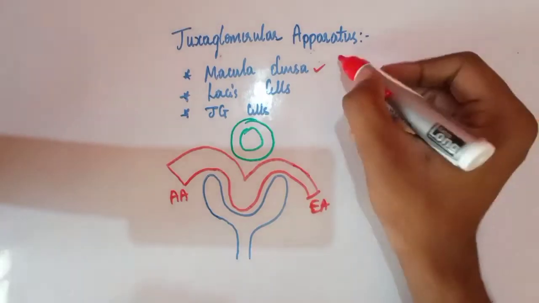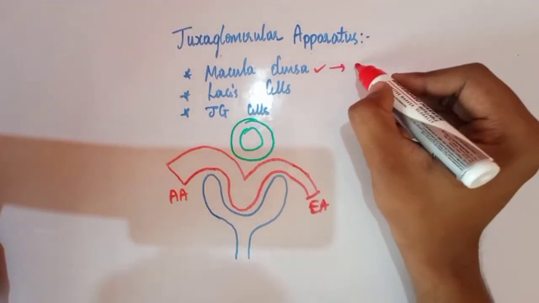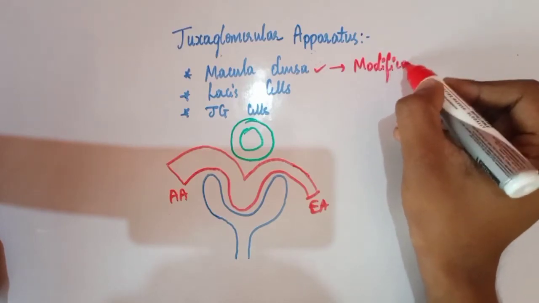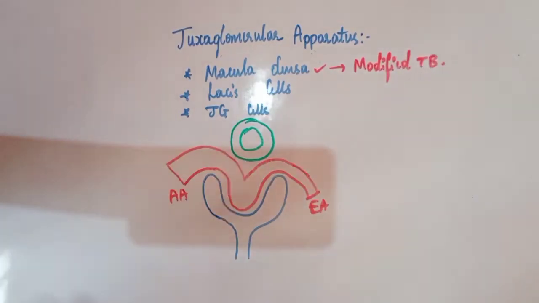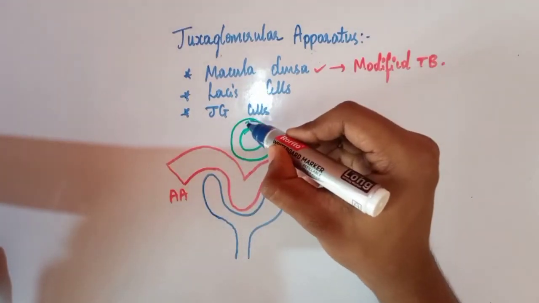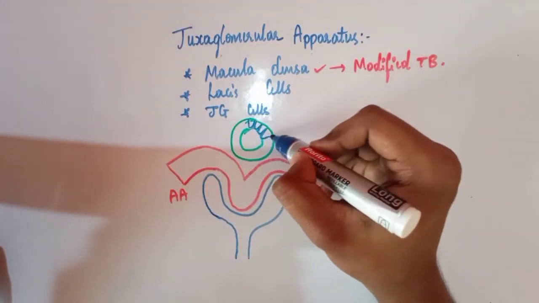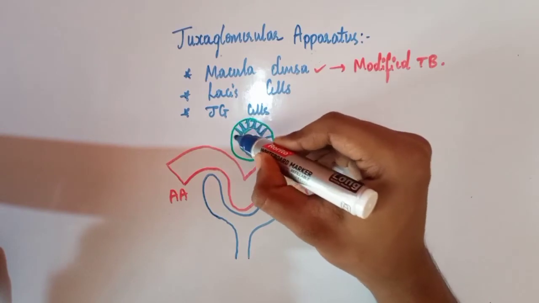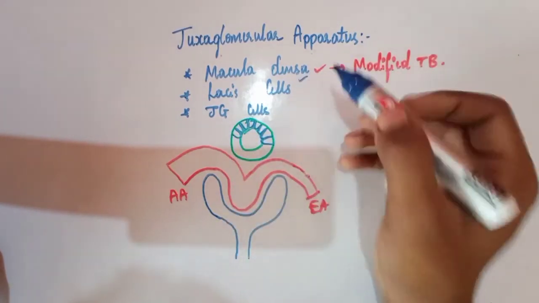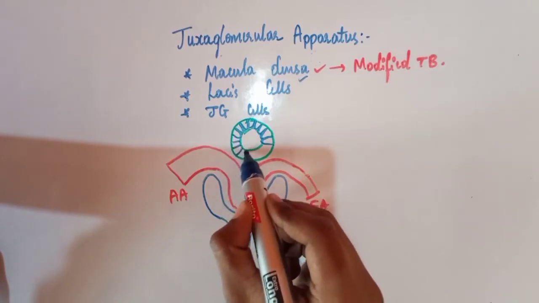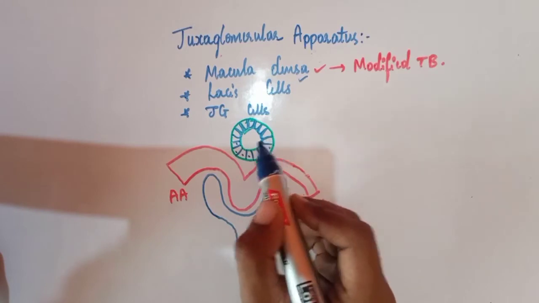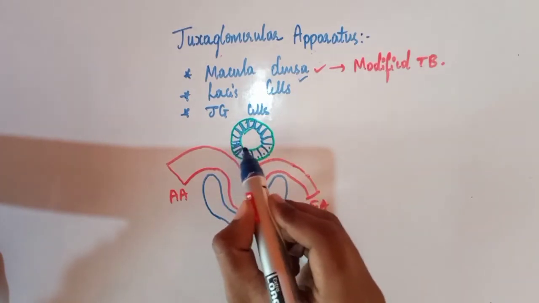So this is nothing but modified tubular epithelium. Actually, these are the normal cells in the tubule. So the macula densa, as the name itself says, dense. These are densely packed modified epithelial cells present in the ascending limb of loop of Henle, that too thick part.